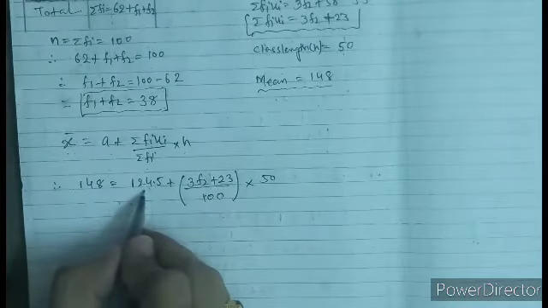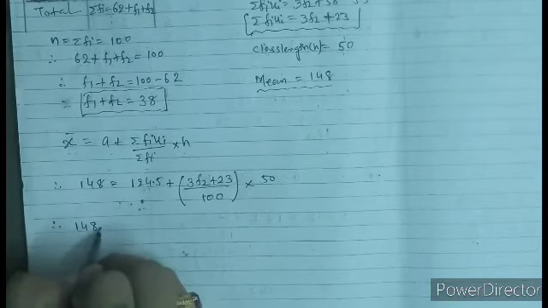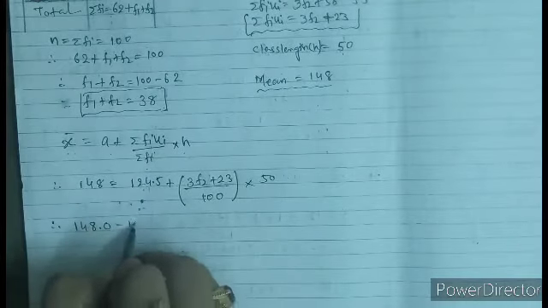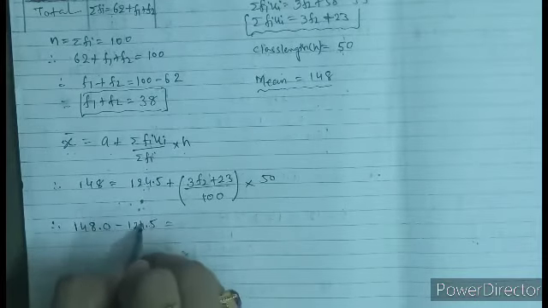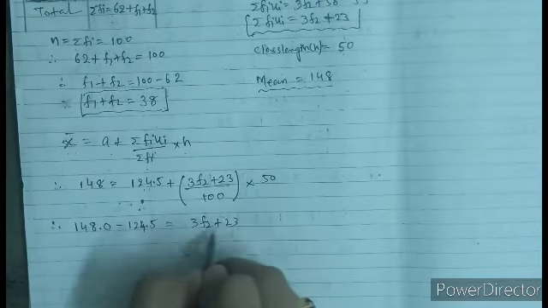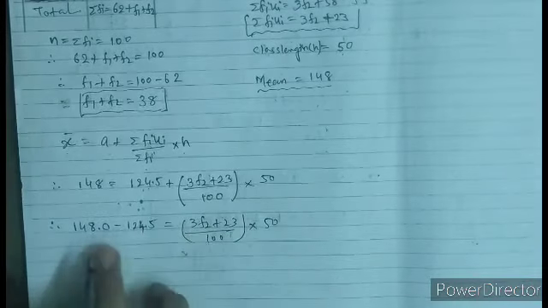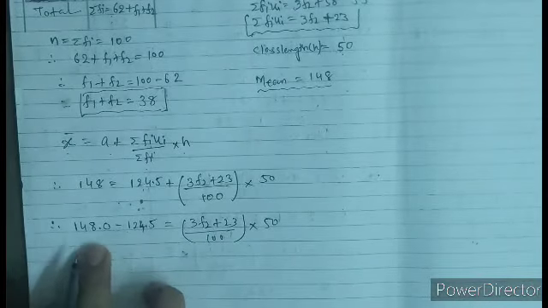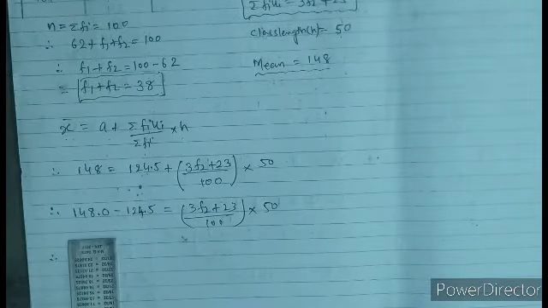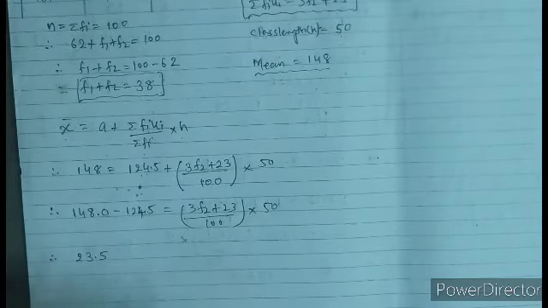Now we can send this 124.5 to the other side, so we get 148.0 minus 124.5 equals 3F2 plus 23 upon 100 multiplied by 50. Now do the subtraction: 148.0 minus 124.5. Did you get 23.5?